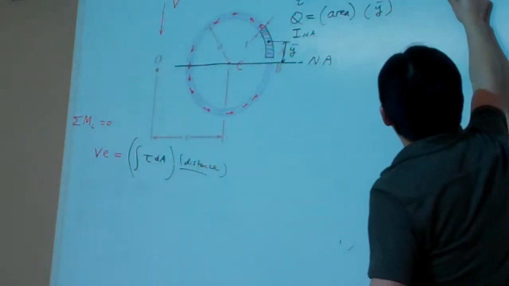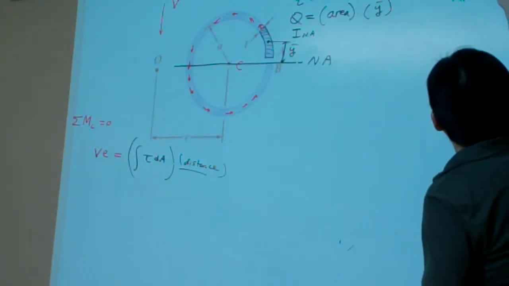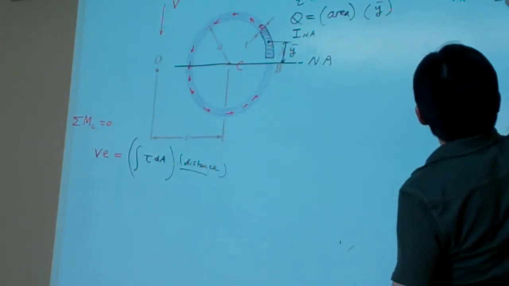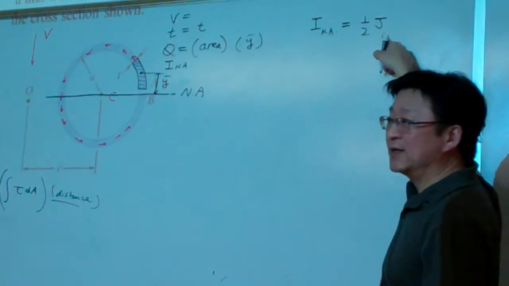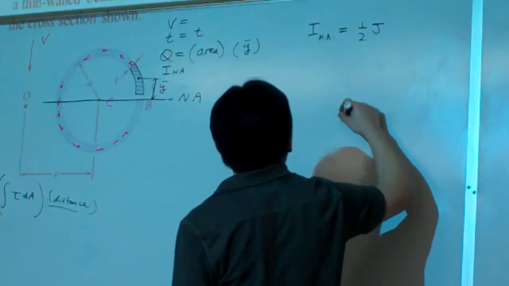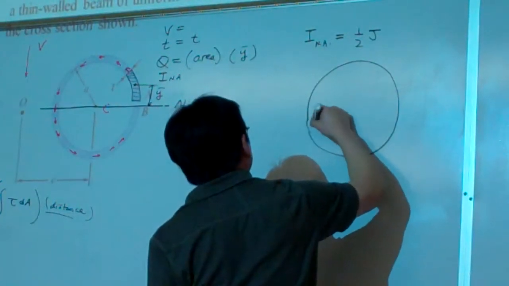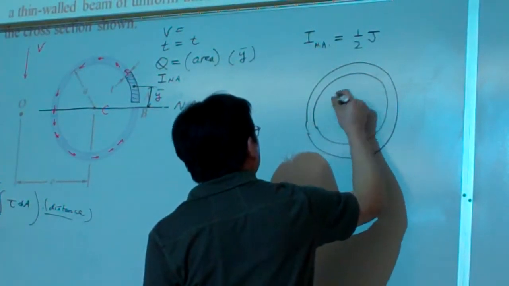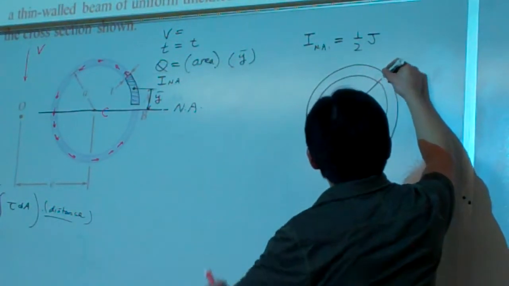I about the neutral axis basically is 1/2 of J. J is our polar moment of inertia, pi over 2 times C outside to the fourth minus C inside to the fourth. We can approximate this one. Here the center radius is a.